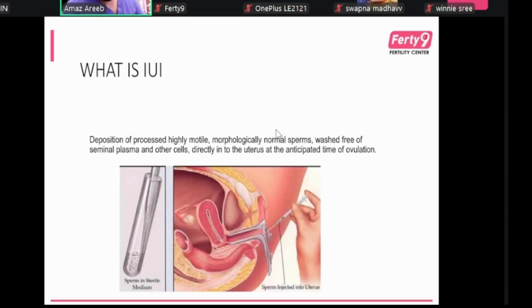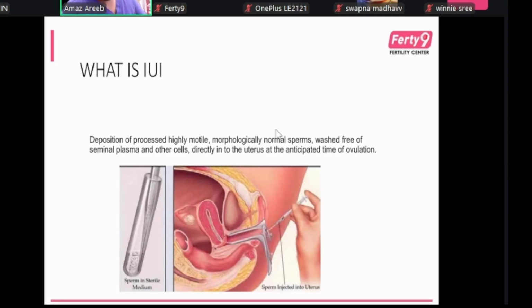Processing is required in IUI to remove the prostaglandins. When we directly go into the uterus and deposit the sperm without any preparation, the probability of infection is more. And due to the presence of prostaglandin, the uterus will contract. Due to that, conception might not happen.